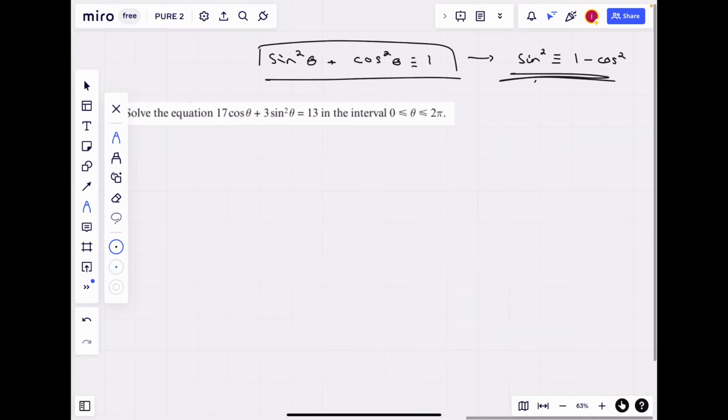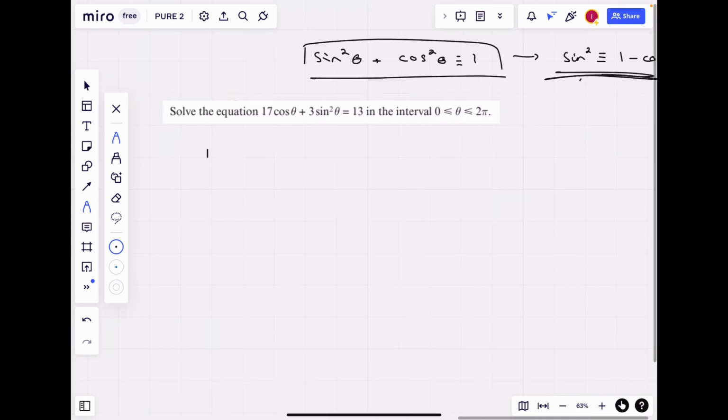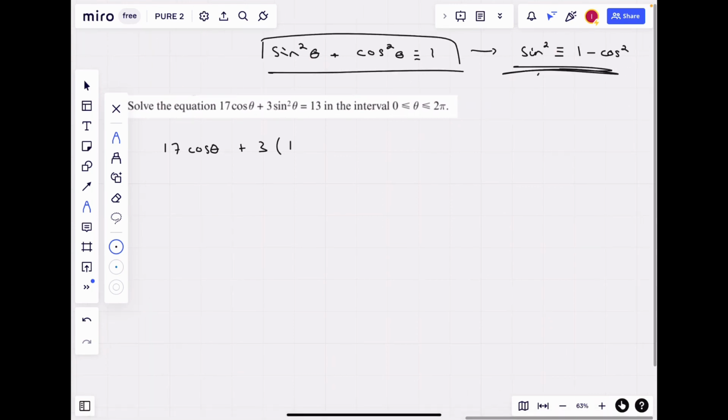That's what we're going to use. So 17 cos theta plus 3, and then the manipulation, 1 minus cos squared equals 13.